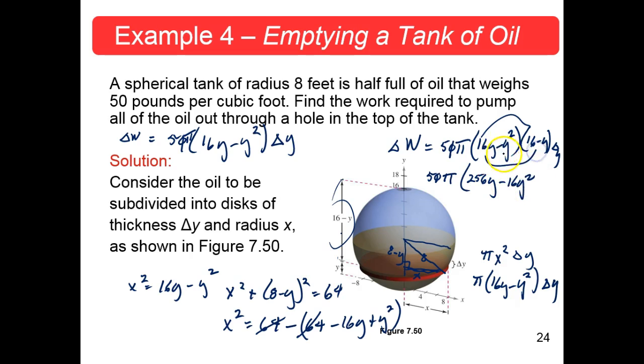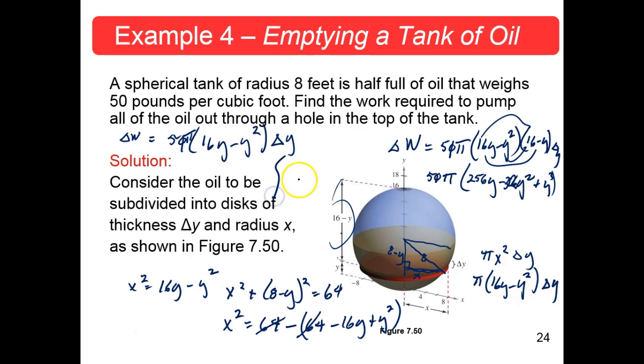That's your outers. Minus 16y squared again, so that would be minus 32y squared. Okay, and then plus y cubed, and your delta y. So that's your delta W, the incremental work.